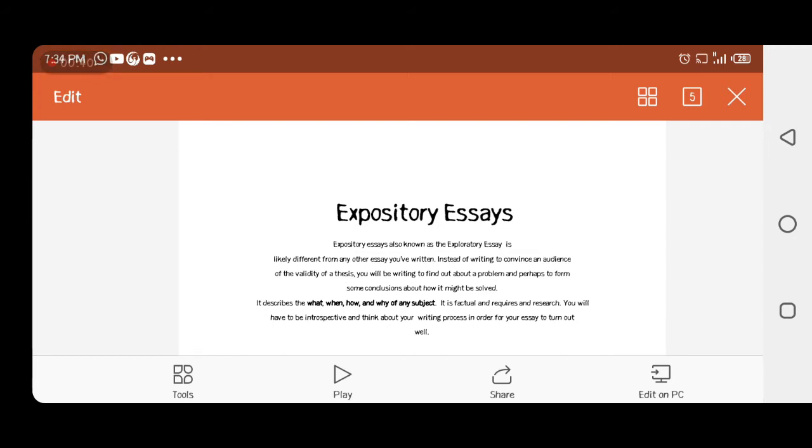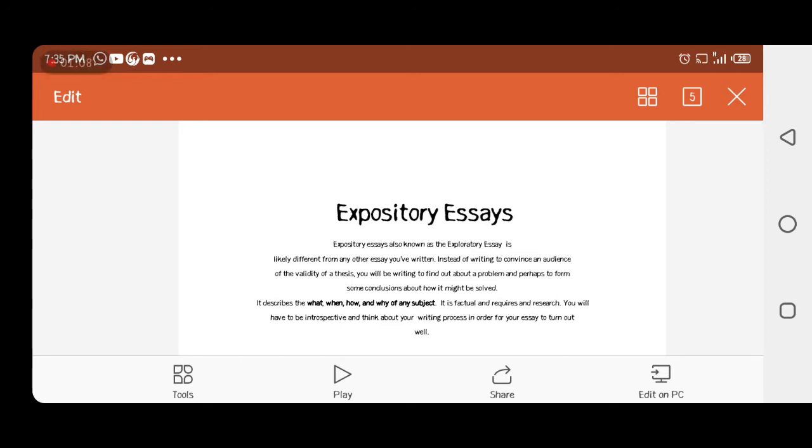The expository essay is also called the exploratory essay. I'm sure many of you would have thought about exploring, and you know what it entails. You're basically making research and finding information pertaining to whatever subject you have been given. So when you write an expository essay, you're basically explaining the essay.